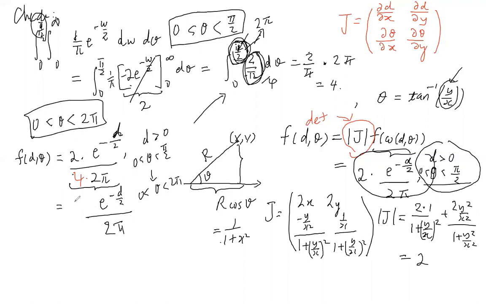So maybe I should write like this: 1 over 2, 1 over 2 pi, right?